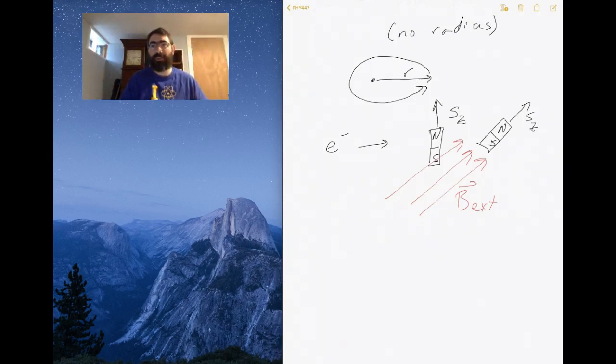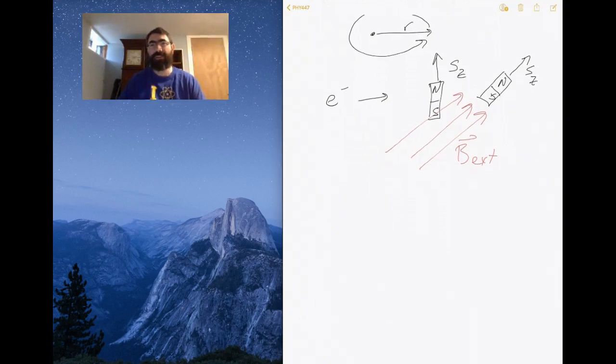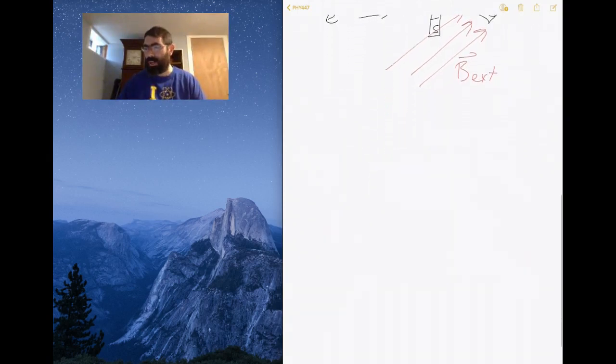I can orient the electron's bar magnet either pointing up or pointing down. And then once I put it in an external magnetic field, it's going to either switch from pointing up or pointing down. It's only going to be pointing in the direction, basically parallel or anti-parallel, to the direction of this magnetic field.